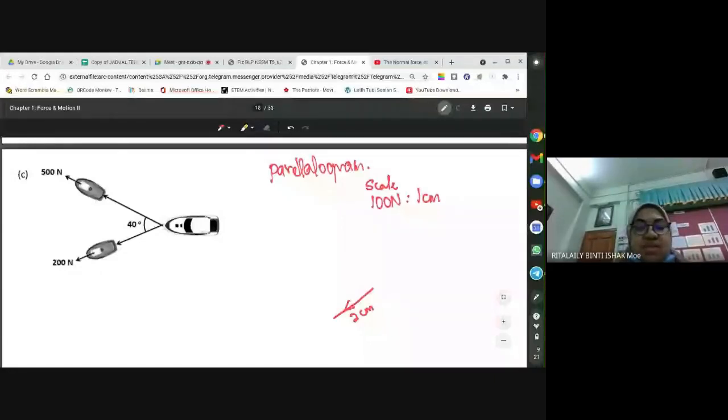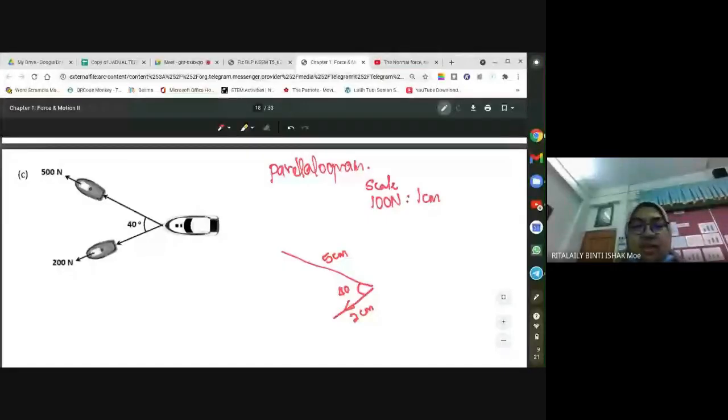Then by using a protractor, you measure the angle here, 40 degrees. This one would be 5 cm because the force for the next boat is 500 Newton. Don't forget to draw the arrow. We have learned this in vectors in Maths Form 4 also. Form 4, you have learned vectors.